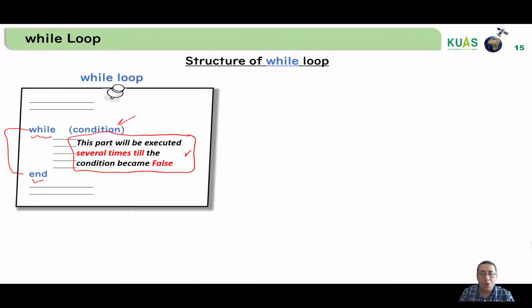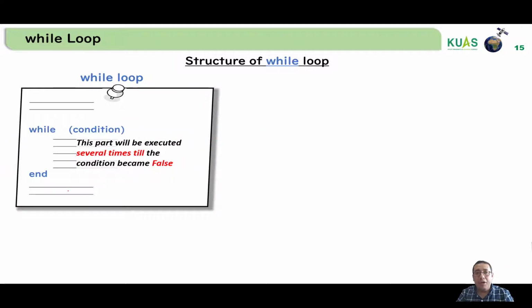Because here we have a condition. To make the condition, we can check a logical operation, and the answer for the condition will be true, which is 1, or false, which is 0. If the condition is true, this loop will continue as long as it is true. Once the condition becomes false, it will stop and then continue after that code.